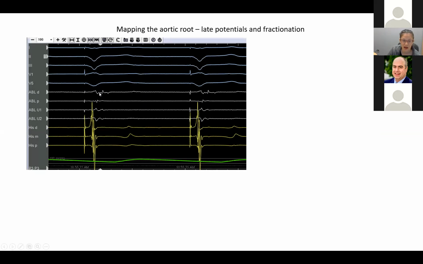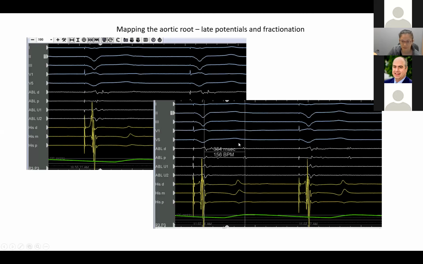There are some that have very high frequency and some that have lower frequency, but you can see the patient now is biventricularly paced, which was a bit different from the previous EP study. And in some of the areas of the outflow tract near the commissure between the right and left aortic valve leaflets, you can actually find some extremely late fractionated electrograms, which are very interesting.